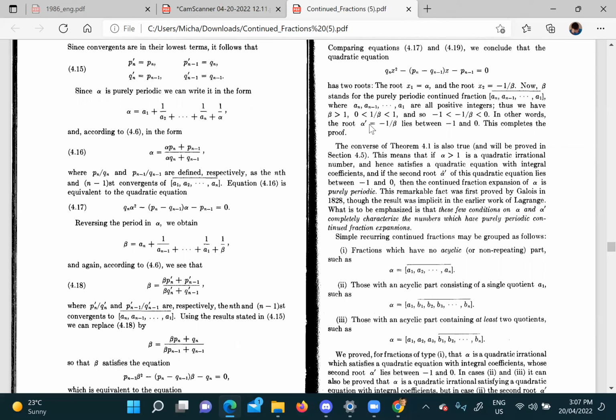Okay, since alpha is purely periodic, we can do this thing like before. Now we're trying to replace them by some kind of sum of roots, product of roots going on maybe?